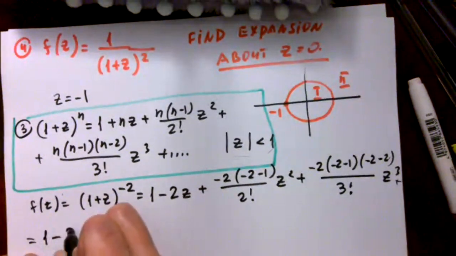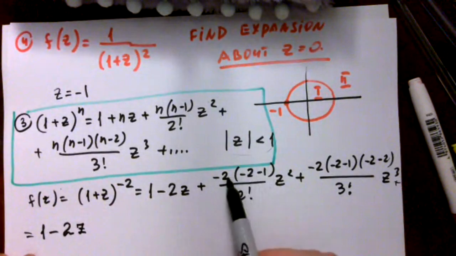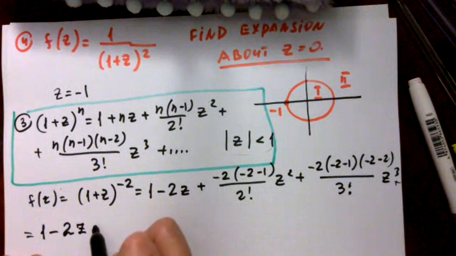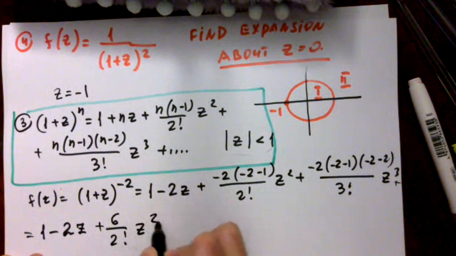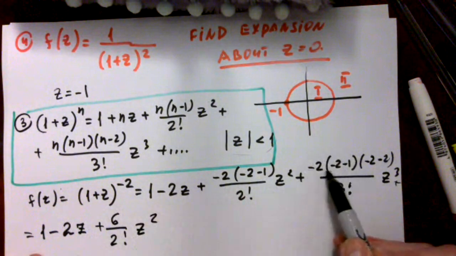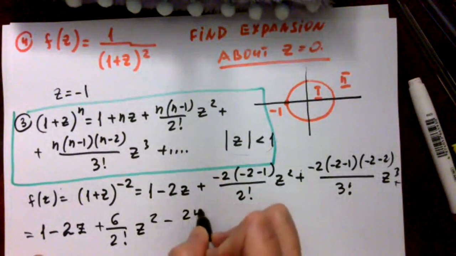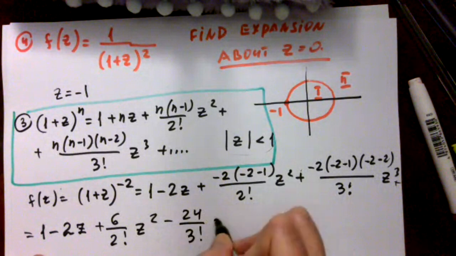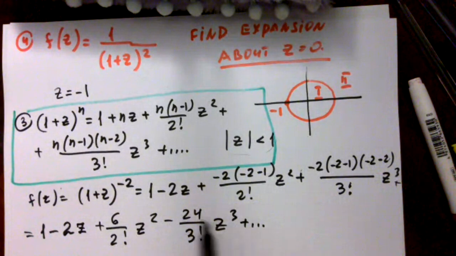Okay, let's try and simplify it. 1 minus 2z, and here we have minus 2 times minus 3, so it will be plus 6, plus 6 divided by 2 factorial z squared. And here these two guys will give us 6 times minus 4, which will be minus 24, if I'm not mistaken, divided by 3 factorial z cubed and so on. I'm not going to simplify this expression any further. I am quite happy with it. Let's leave it like this.